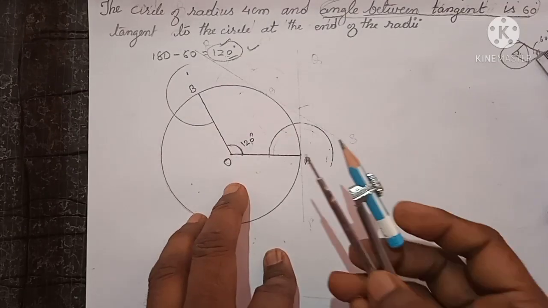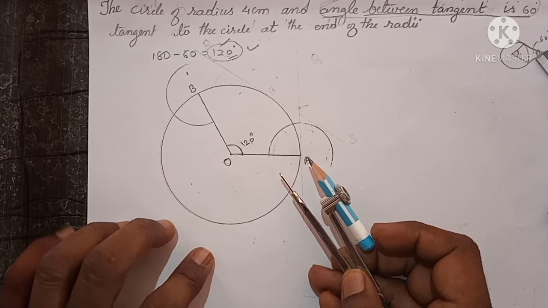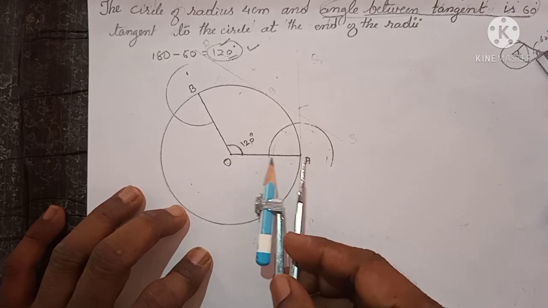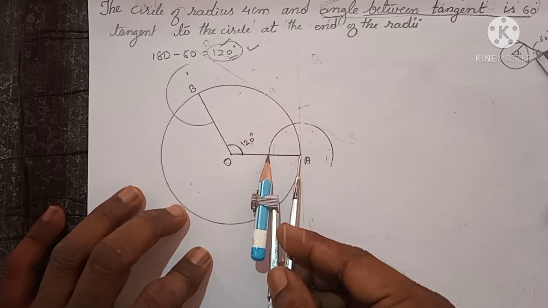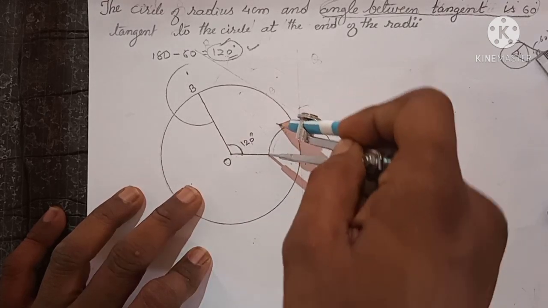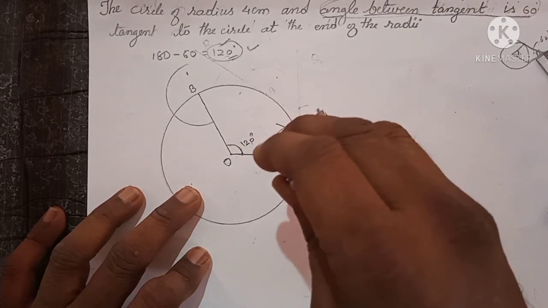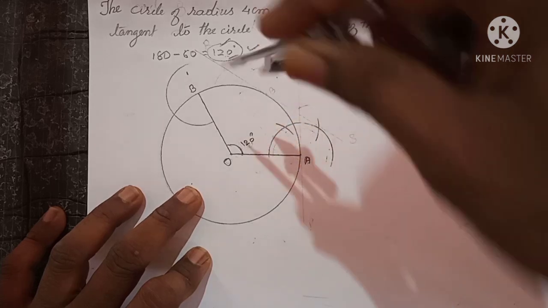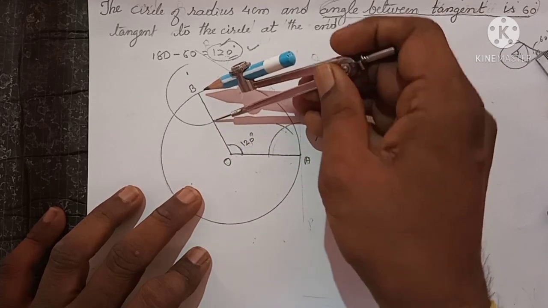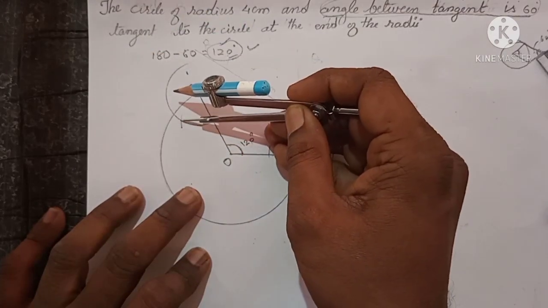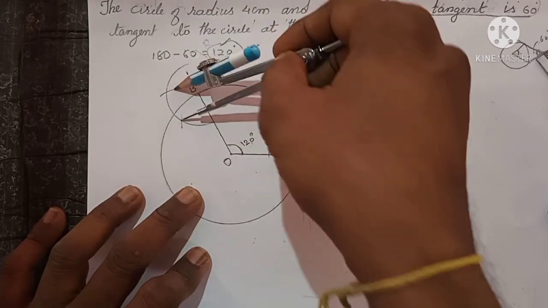After we draw the semicircle, take the radius like this and again draw two arcs on this semicircle. Draw the two arcs.